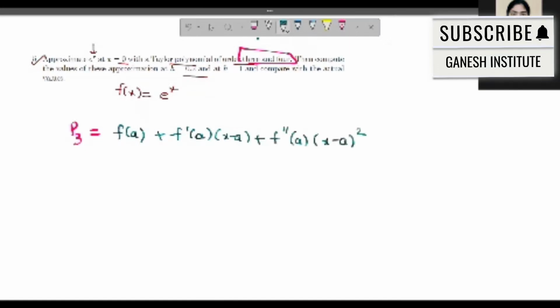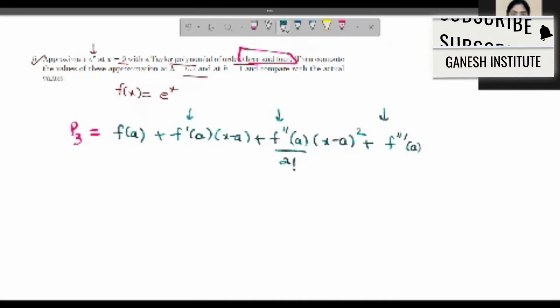f double dash a, x minus a the whole square, divided by 2 factorial. Then f triple dash a, the third derivative of your f(x) at a, x minus a the whole cube divided by 3 factorial.